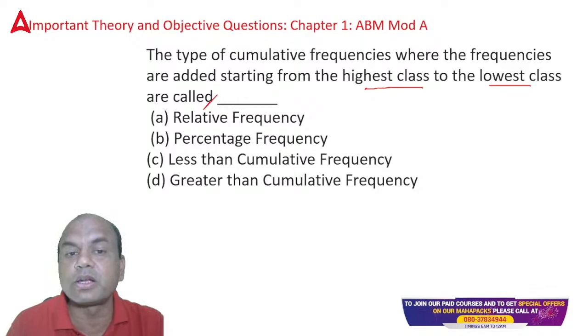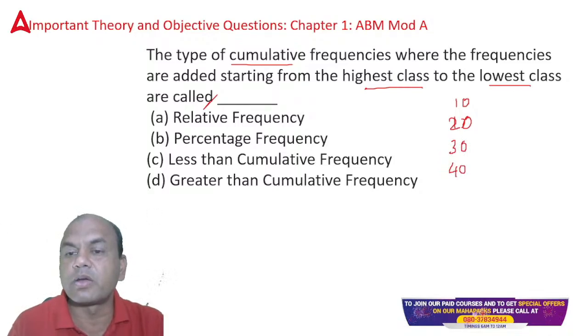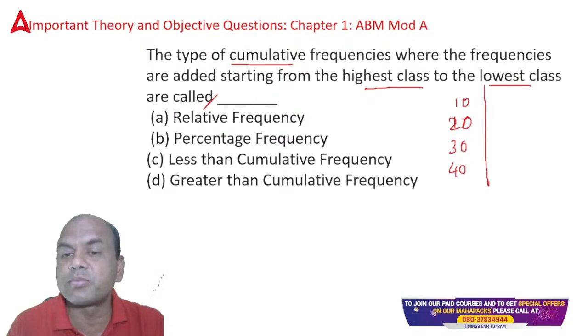Firstly, what is cumulative frequency? What is the meaning of the word cumulative? Suppose I write it like this, let's say 10, then 20, then 30, 40, and I go on writing. Cumulative means addition of all these before this number.